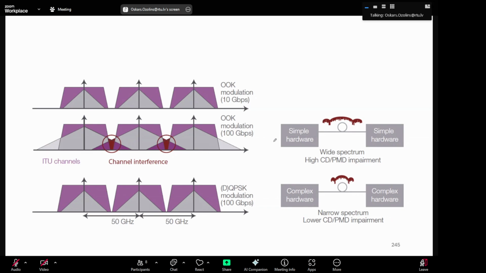Right, so here's just a comparison. For on-off keying, you have simple hardware at both transmitter and receiver, but it is very much impacted by chromatic dispersion and polarization mode dispersion.